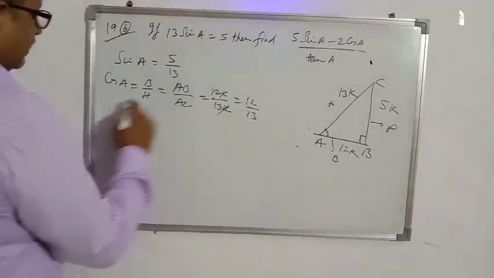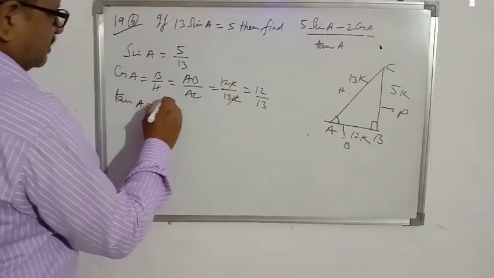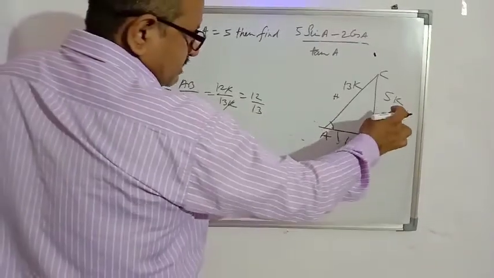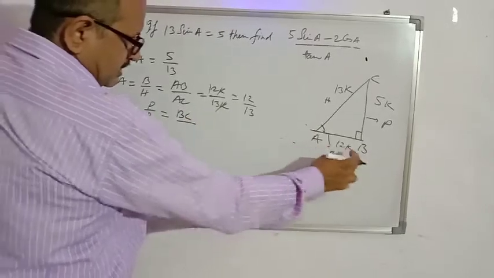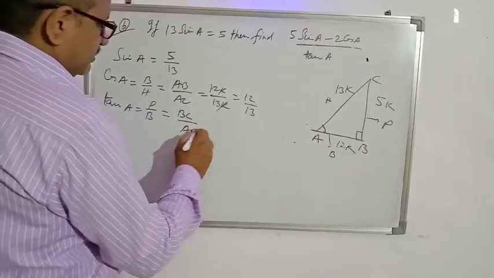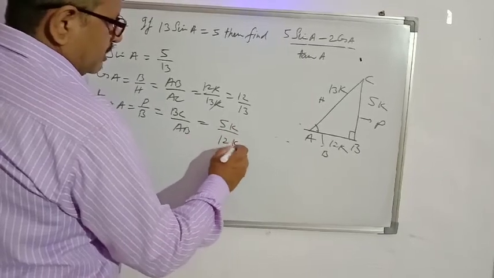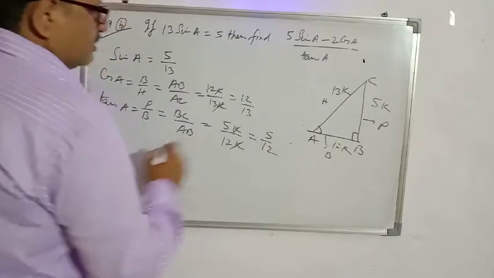And this one tan A. Tan A is perpendicular by base. So perpendicular is BC and base is AB. BC 5k, AB 12k. It will come 5 by 12.